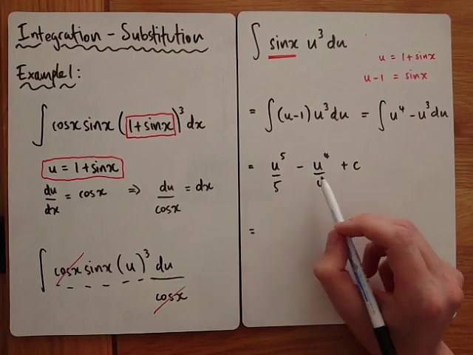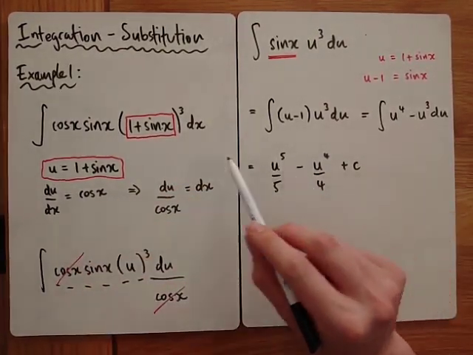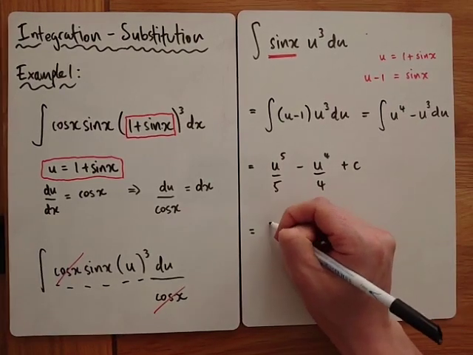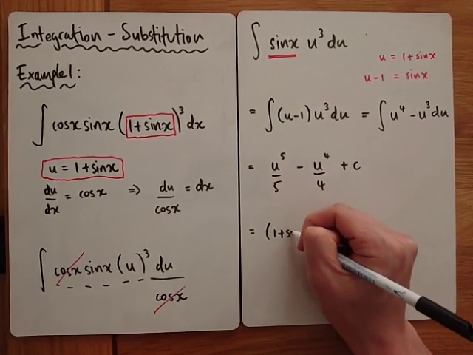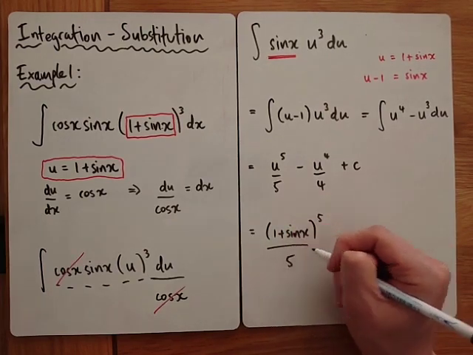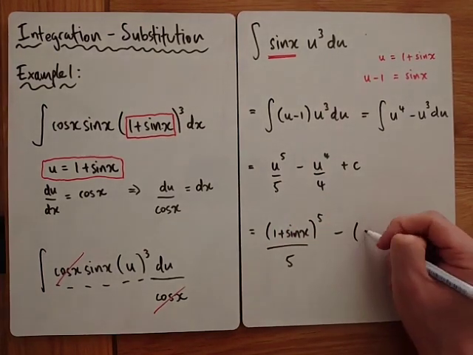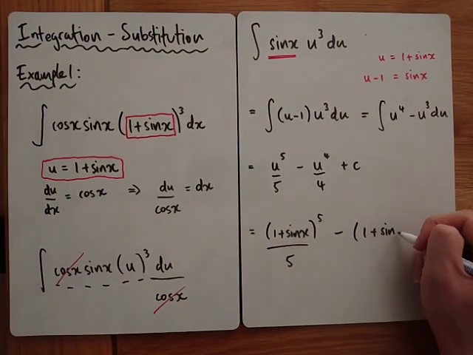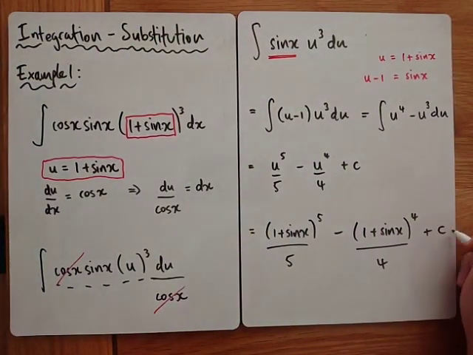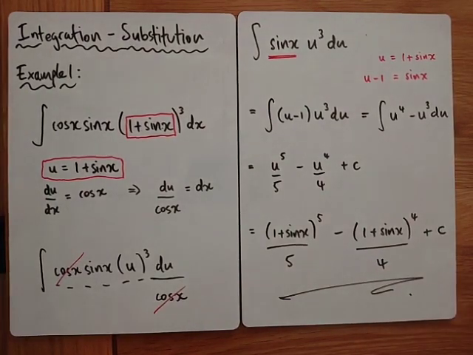And very last step, there's no limits for this one, so all we have to do is, the original integral was for x, so our answer should be for x. So (1 plus sin x) to the power 5, divided by 5, minus (1 plus sin x) to the power 4, divided by 4, plus c.